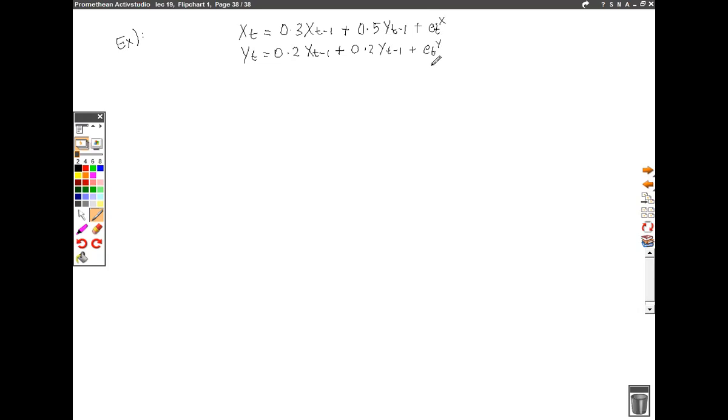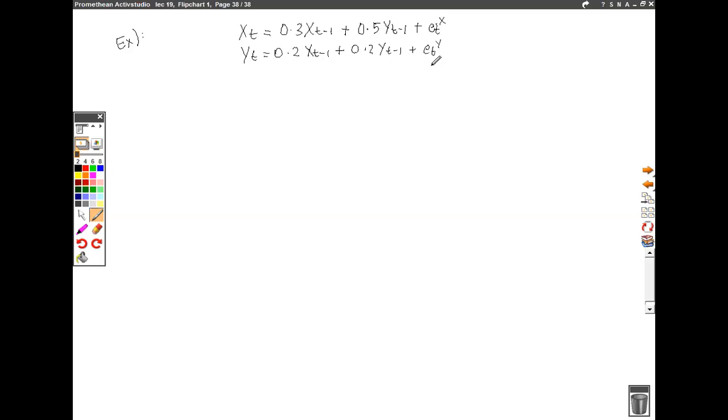So the one variable that I have not only depends on its own lagged values, but it also depends on other values as well. So xt is some function of xt minus 1 and yt minus 1, and yt is dependent on xt minus 1 as well as yt minus 1.